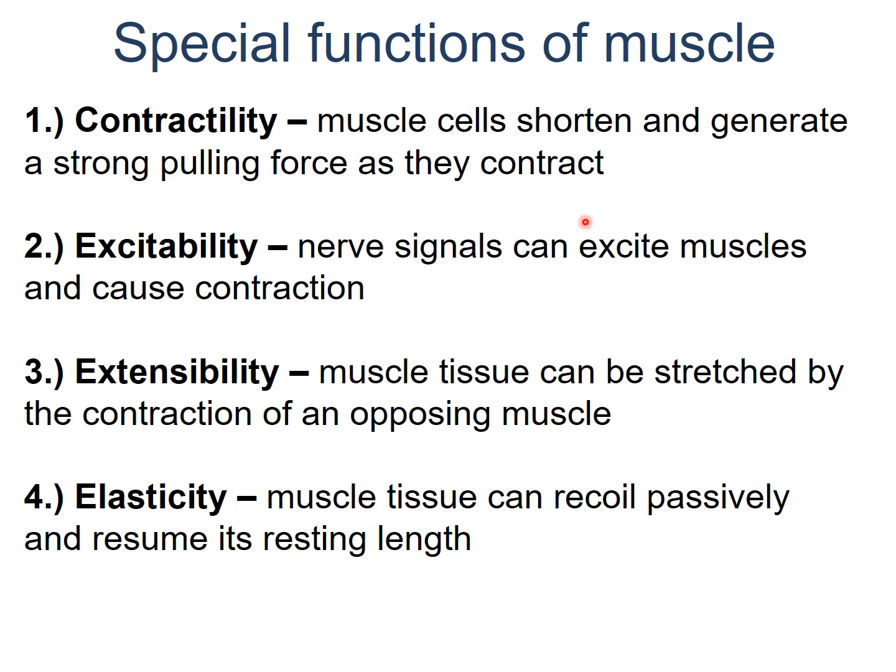The second function is excitability. Here, nerve signals can excite muscles and cause contraction. Again, this is another special function we're going to talk a lot about. We're going to spend a lot of time on the physiology of excitability, so you want to put a star beside that one as well.